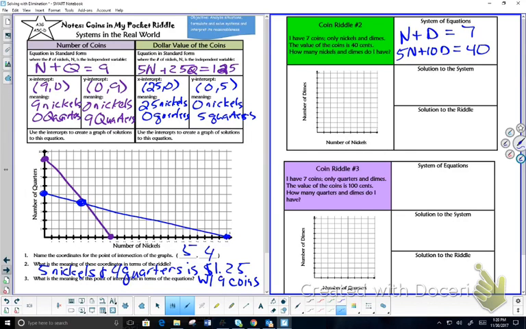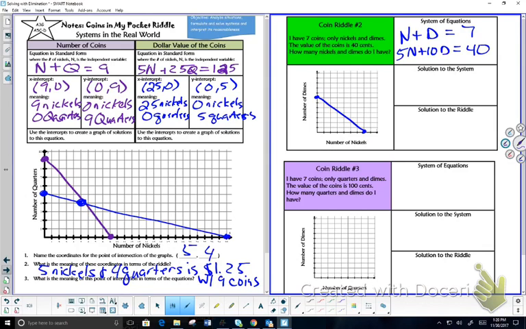Can we graph it? Using the hand, N equals 7 when D is 0, and D equals 7. Connect your points. New color.